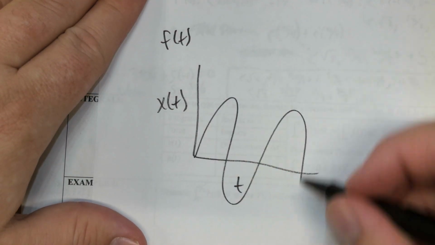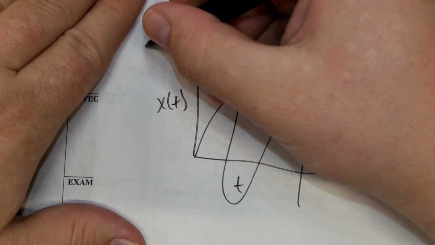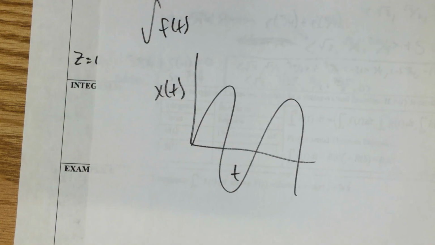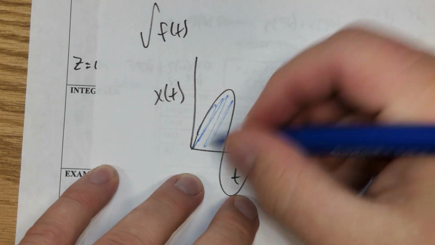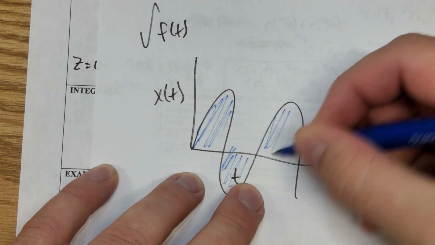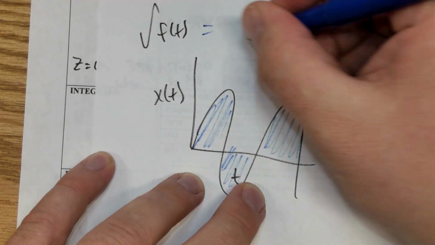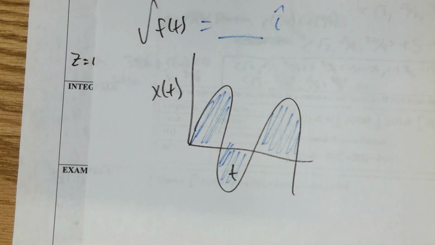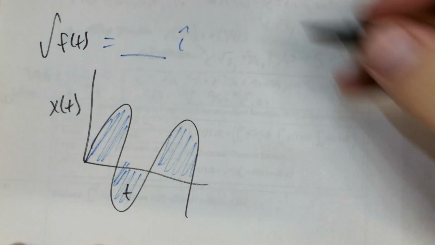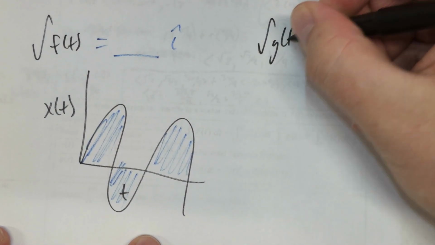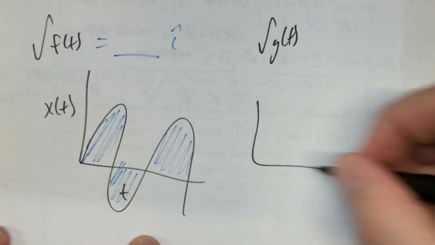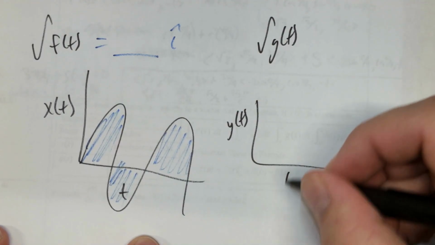And so this thing might have its own behavior. And so when I integrate f of t, I'm finding this area, and I'll output that blue area in the i direction.